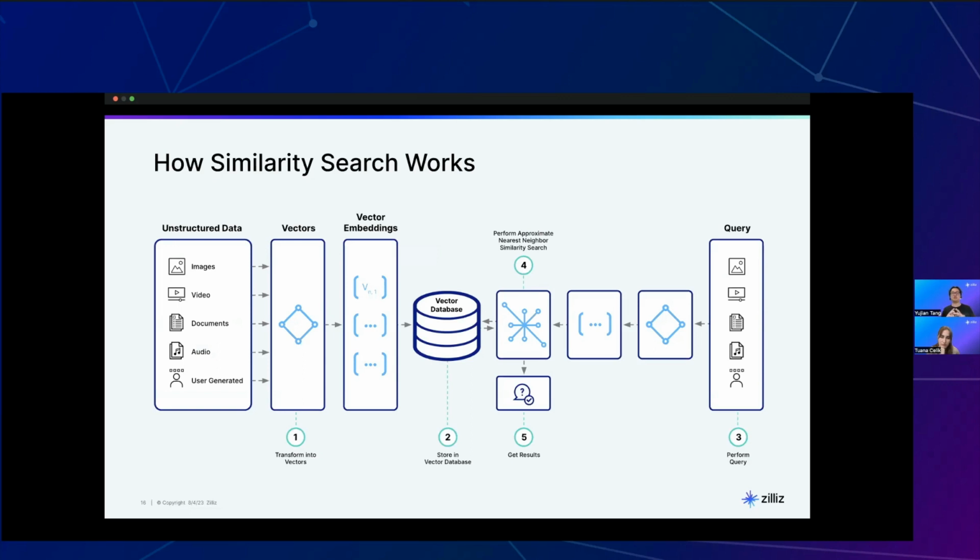It could be images, videos, text documents, PDFs, audio, or something else like that. And you feed it into the right embeddings model. It's very important that you feed the right type of data into the right type of model. You don't want to feed image data into sentence transformers, and you don't want to feed sentences into ResNet 50. Once you have these vector embeddings, you store them in a vector database such as Milvus or Zilliz.